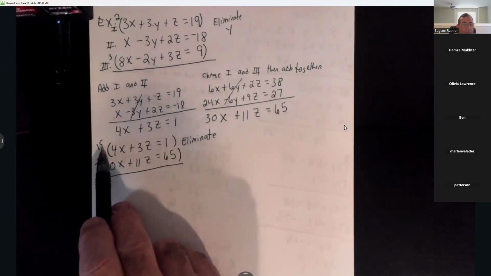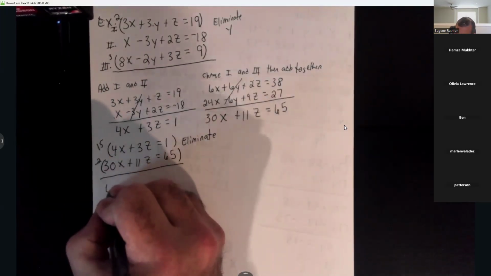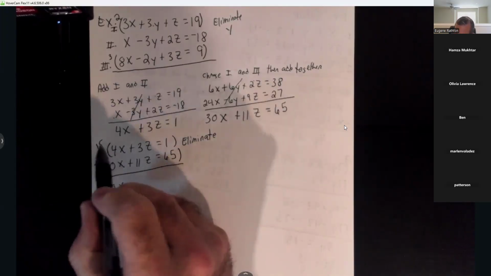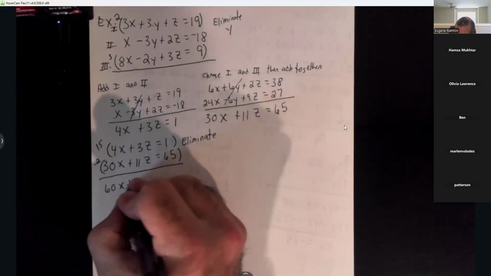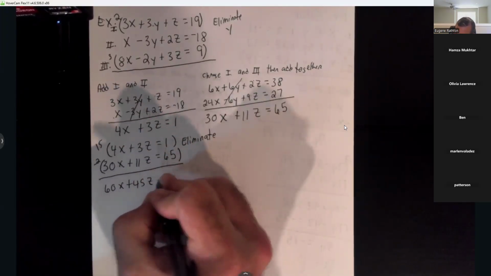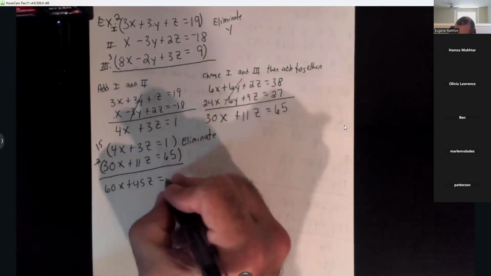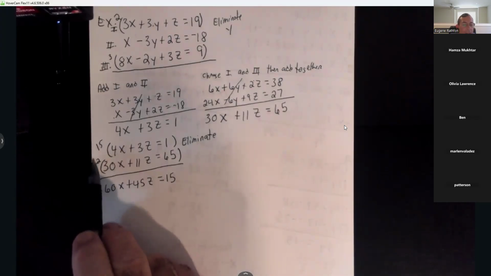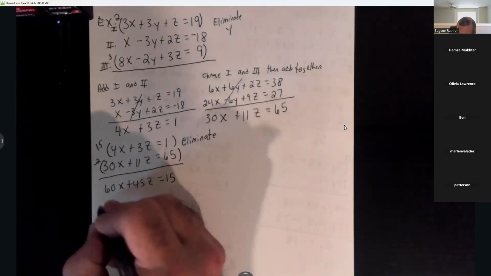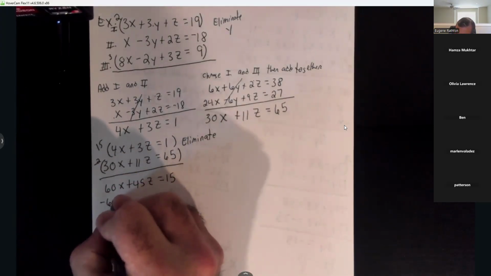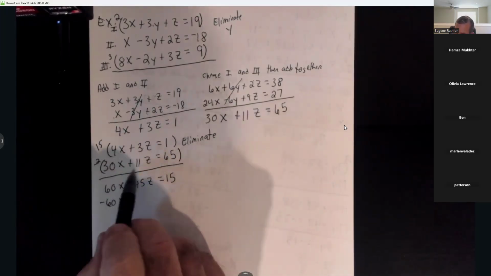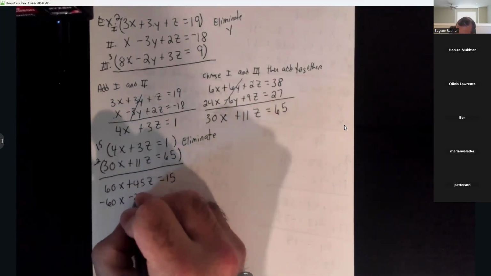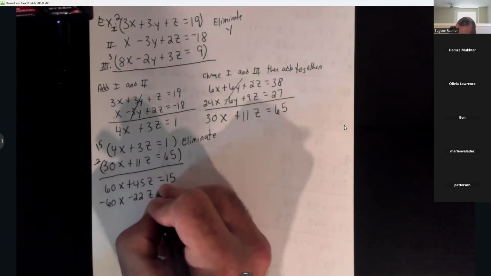All right, y'all, watch this. 15 times 4 is 60x. 15 times 3 is 45z. And then 15 times 1 is 15. All right, -2 times 30 is -60x. -2 times 11 is -22z.